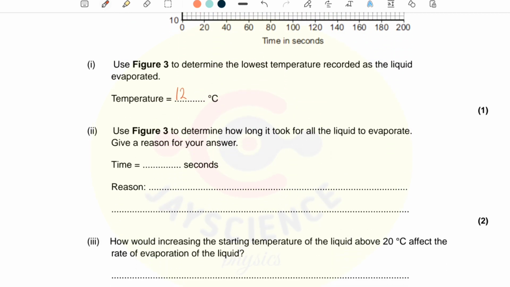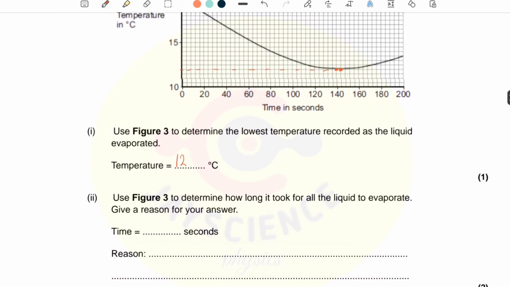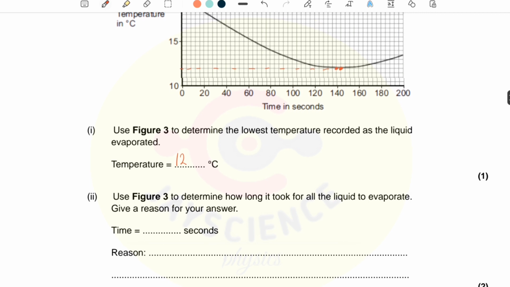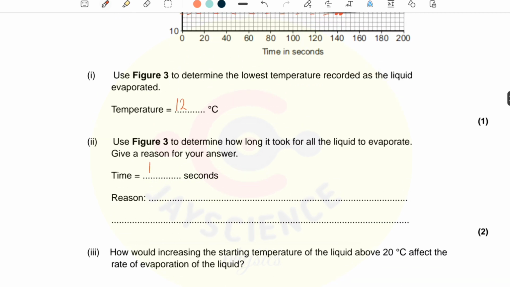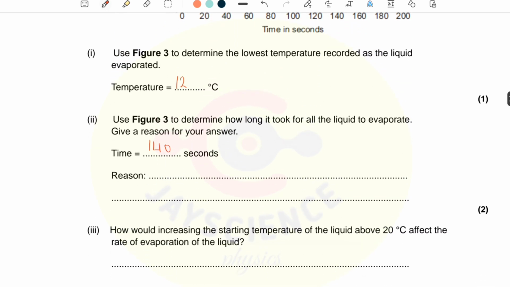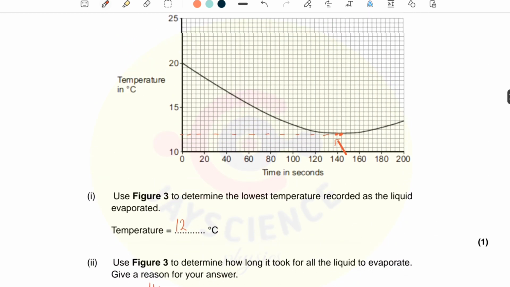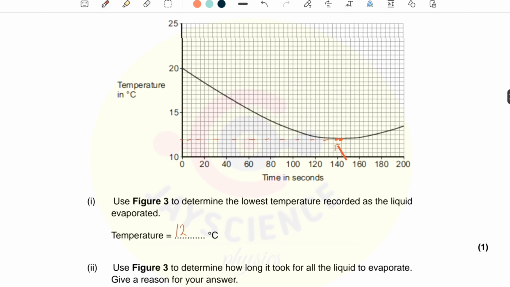Use figure 3 to determine how long it took for all the liquid to evaporate. Give a reason for your answer. How long? That's around 140 seconds, if we're working with the first dot. And give the reason. If you check this graph, after 140 seconds the graph begins to rise.